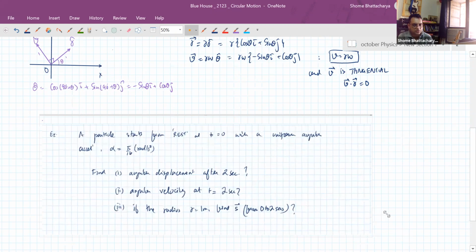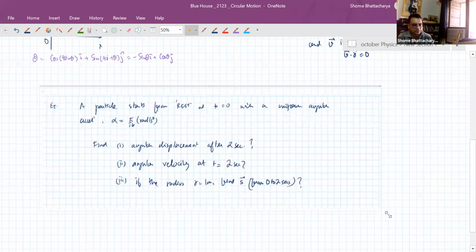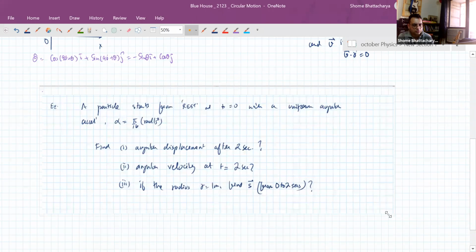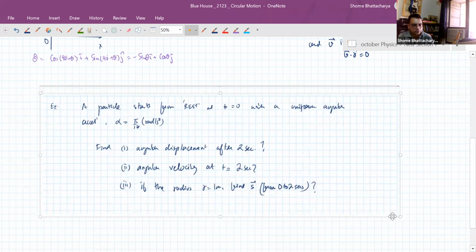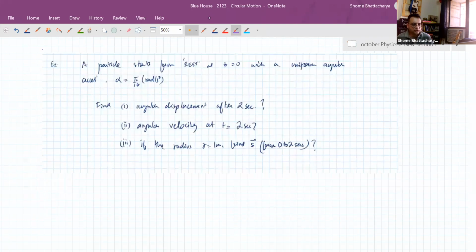It says a particle starts from rest at t equal to 0 with a uniform angular acceleration of this much. So what is the angular displacement after so much time? What is the angular velocity after so much time? And what is the displacement if the radius is 1 meter?